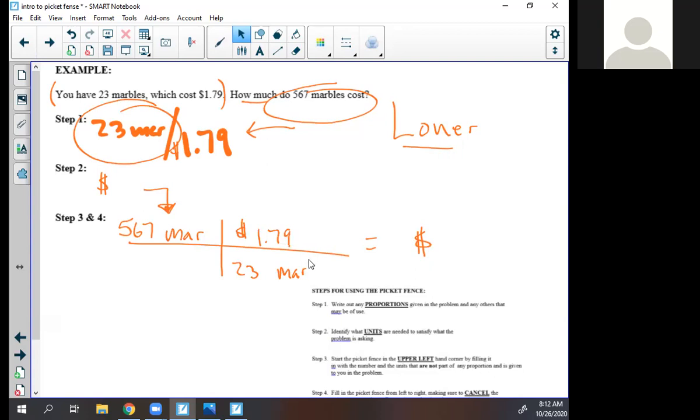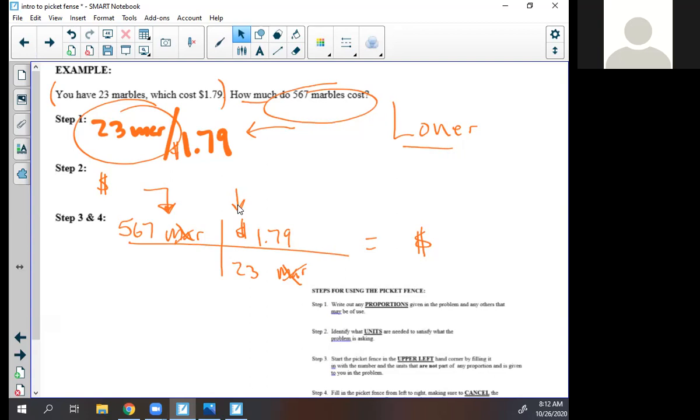Now, if I look up here, what unit is canceled out? Marbles. If you have a unit on the top and a unit on the bottom, they cancel out. I'm only left with the unit of money. Is that the unit I wanted? Absolutely. Life's looking good.